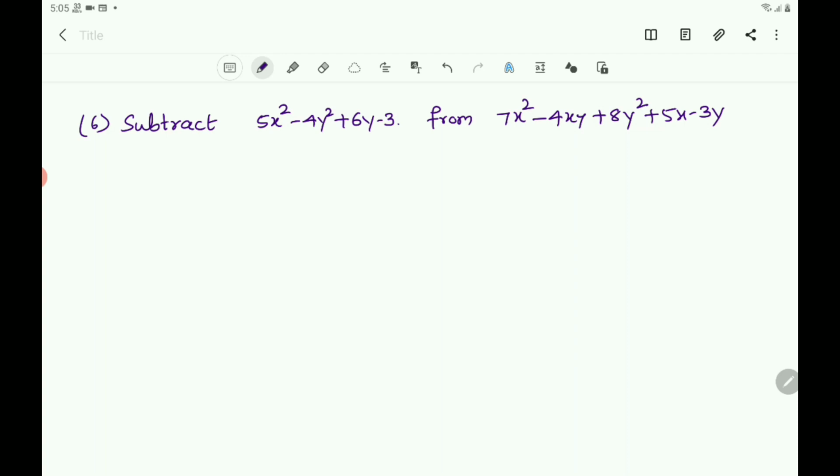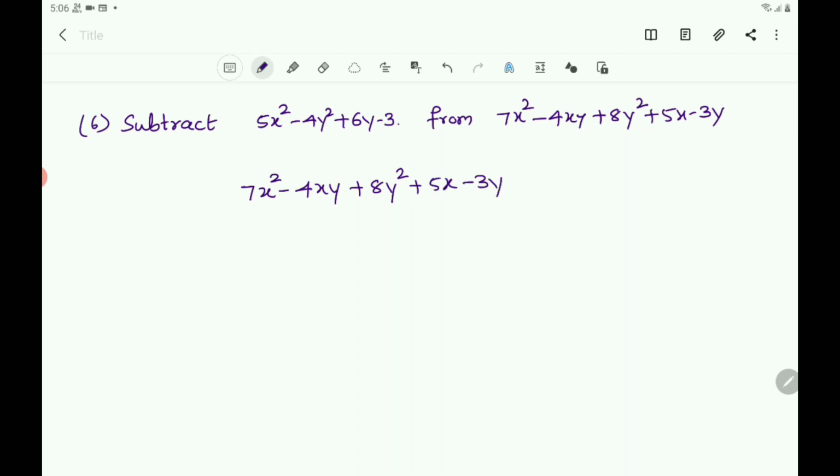Here we have to subtract the first expression from the second expression. First expression is 5x square minus 4y square plus 6y minus 3. Second expression is 7x square minus 4xy plus 8y square plus 5x minus 3y. So you take the second expression above.